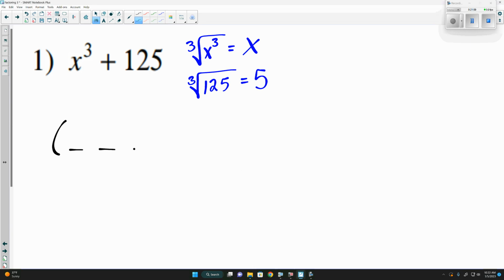Now we can set this up. So our factors will have 2 sets of parentheses. The first one will have 3. The second one will have 5. Because we'll have 3 signs, 1 in the first set, 2 in the second. And then we'll have our terms. Now for the signs, it's going to be the same, opposite, always end on a positive note.